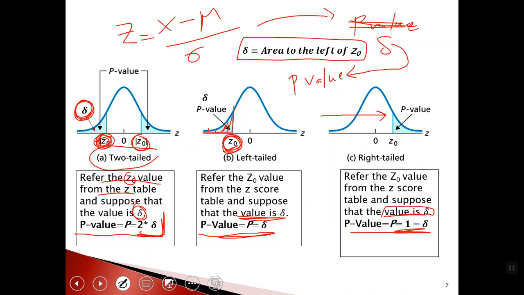Do you remember, in the C table, values are measured from left to right. That's why in a right tail test we get our p value using p equals 1 minus delta. Don't forget it. We will see more examples and more theory behind it, especially in chapter 9.4.